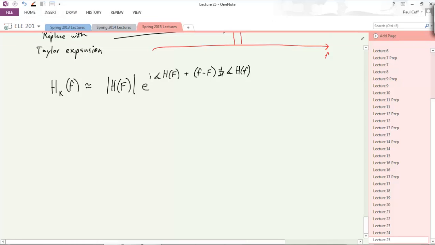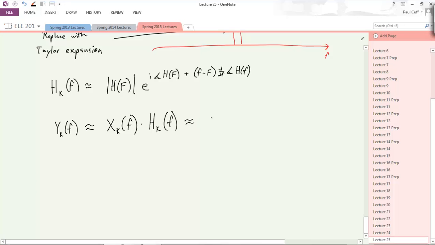Okay, using this Taylor expansion, we can say that the output in the kth band of frequencies is approximately equal to the input that lived in that range of frequencies times the filter in that frequency band, which we've approximated with the Taylor expansion.